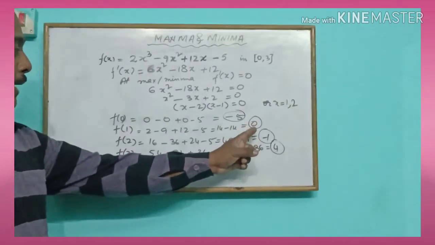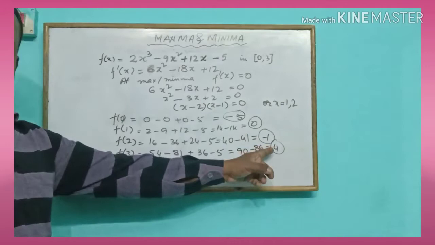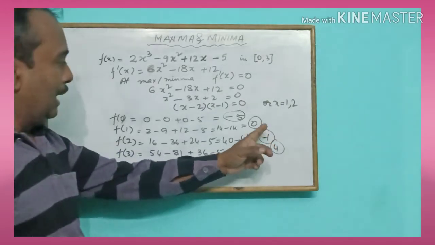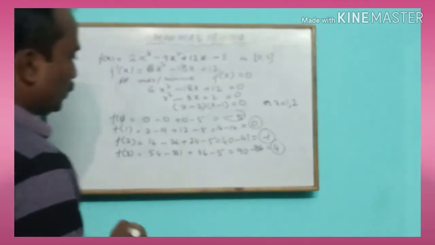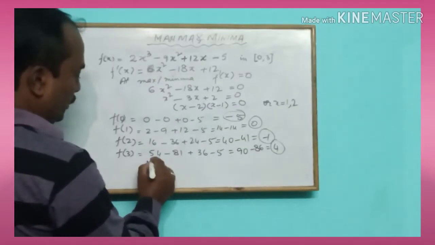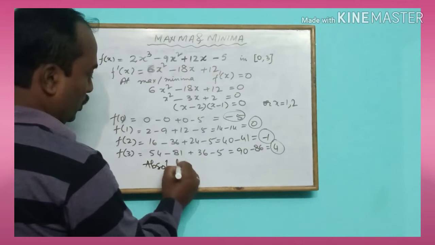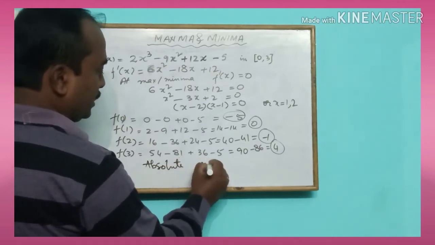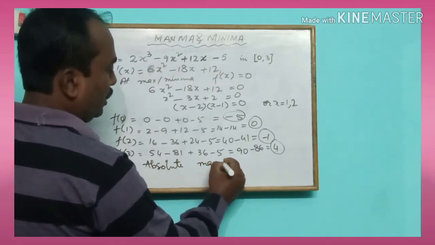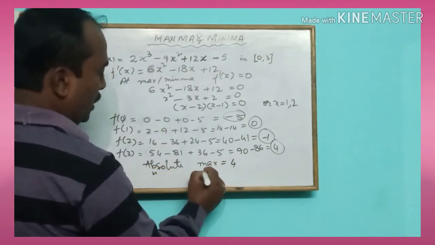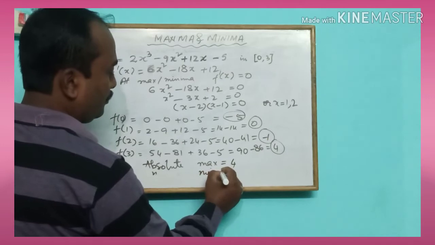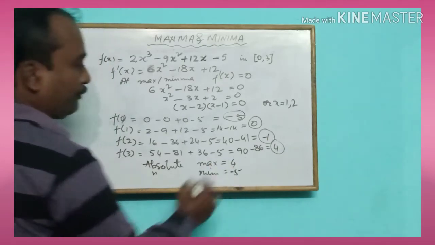You can easily compare. 4 is the highest value and minus 5 is the least value. So absolute maxima is 4 and absolute minima is minus 5.